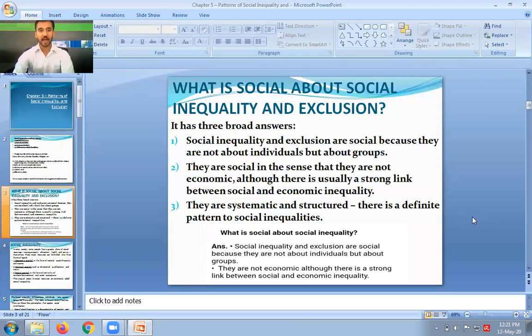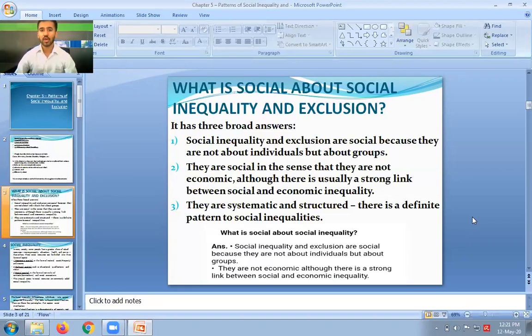Okay, after that, they are social in the sense that they are not economic, although there is usually a strong link between social and economic inequality. Look, nowadays things have changed. Earlier, when social inequality and social exclusion were there, it was mostly due to the hierarchy, the different levels that had already been set up in the society.